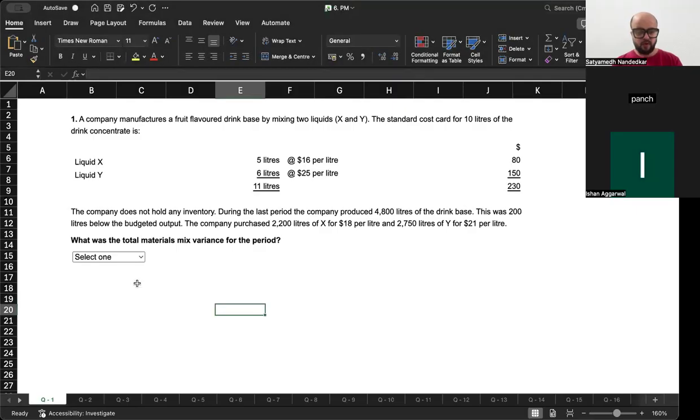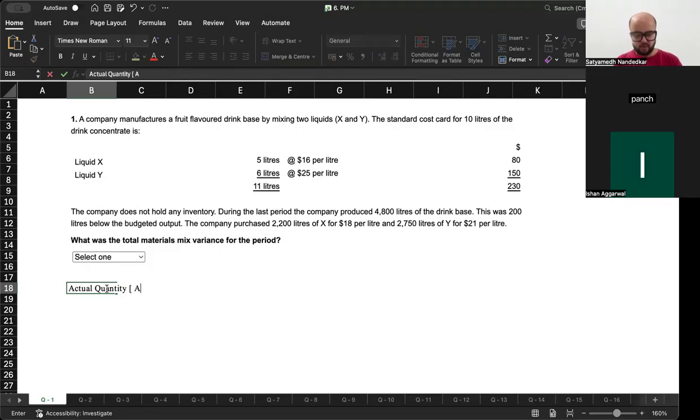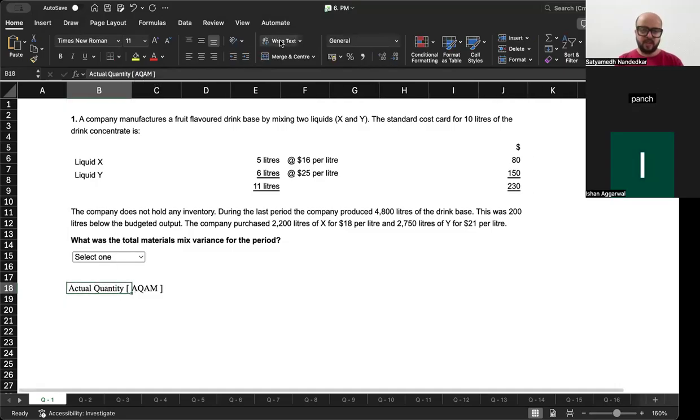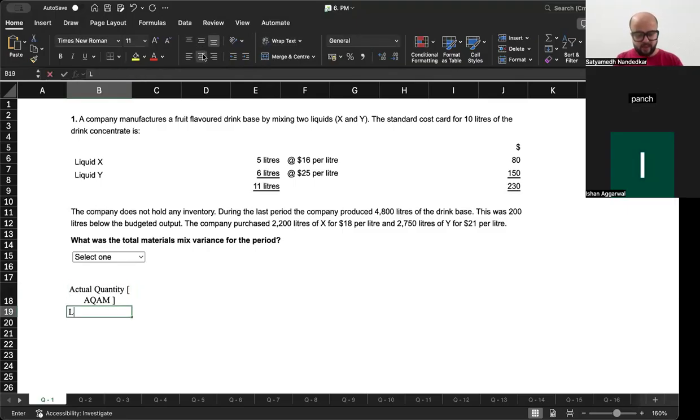Okay, so first of all, what is the actual quantity? Actual quantity, actual mix. How much is the actual quantity, actual mix? So for material X, liquid X, how much was purchased? 2200. And liquid Y, how much was purchased? 2750.